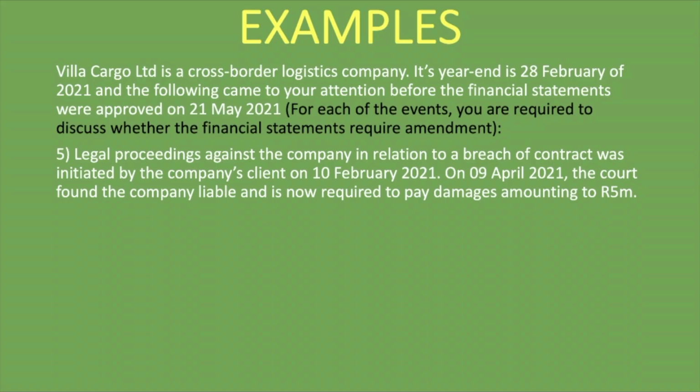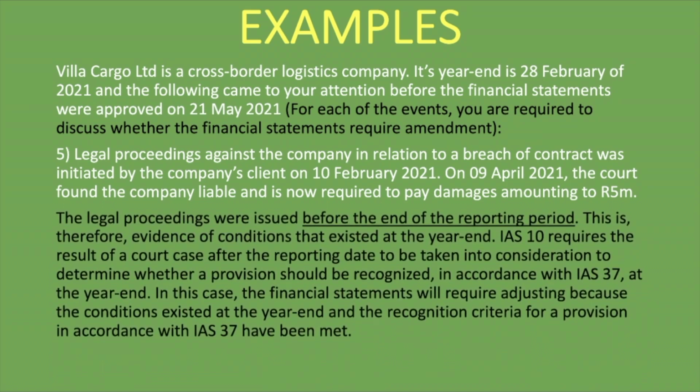So that means this is an adjusting event because it existed at the reporting date. Very important. So if it's an adjusting event, we know we may have disclosed a contingent liability that possibly we would have to pay or not have to pay based on what the facts were at the time. But now that we have the information, we have to make adjustments in our financial statements. The legal proceedings were issued before the end of the reporting period.